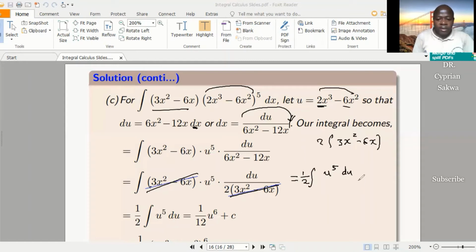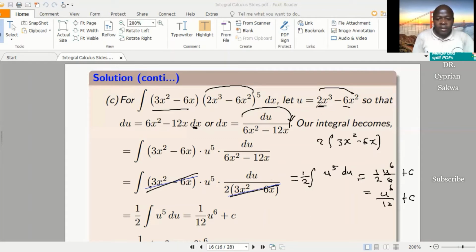And this can be integrated: the constant is a half. Just add 1 to the power to get u raised to 6 and divide by 6, then plus c. So this part gives you u raised to 6 out of 12 plus c. That's what I have.